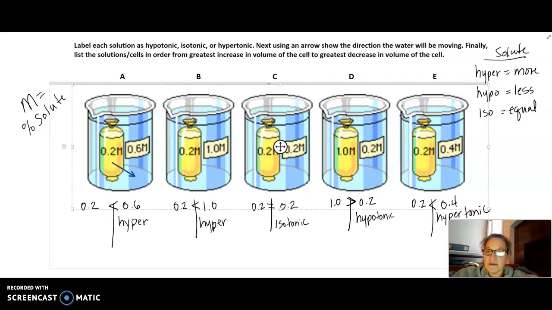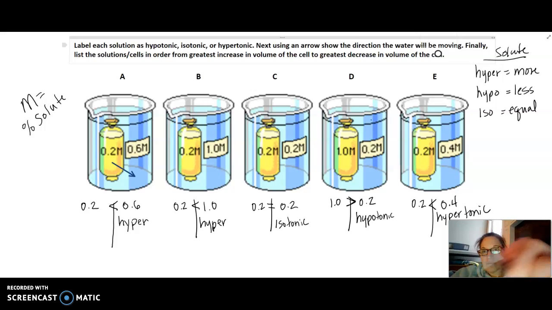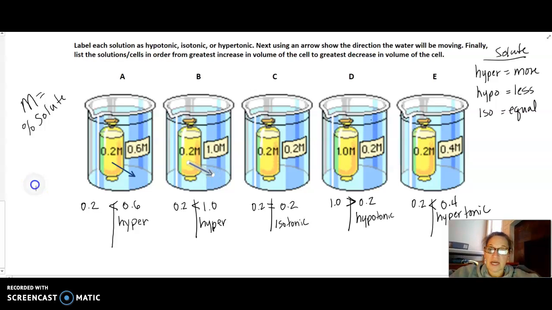All right, in the next one, we have water will also be moving out because it is also hypertonic. And as a matter of fact, there's going to be even more water moving out here because there's a larger difference.